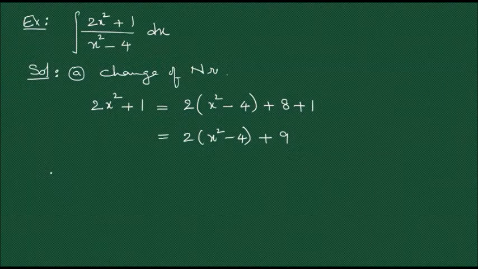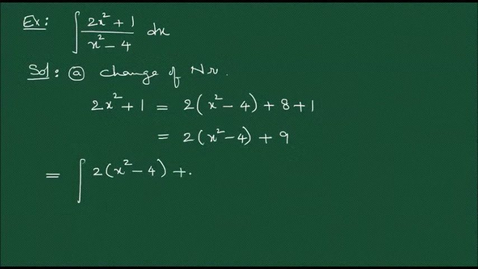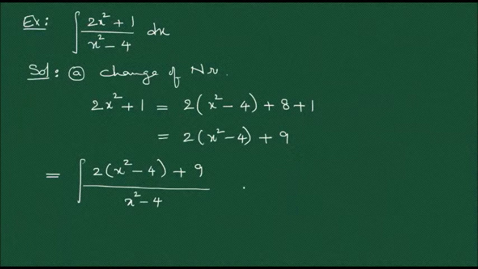Now when I am replacing the numerator with that, integration of (2 times (x square minus 4) plus 9) by (x square minus 4) dx.